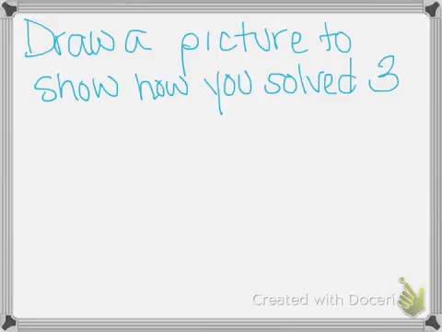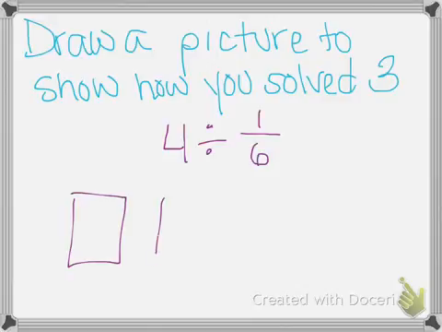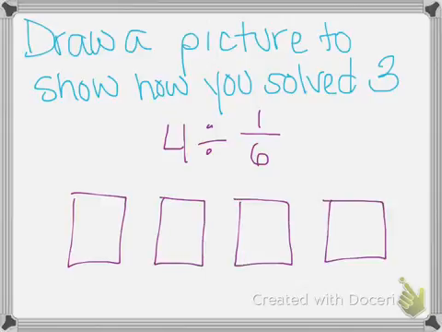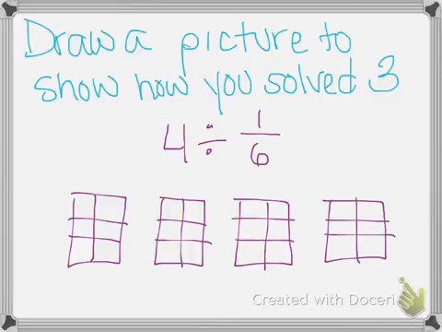Number 5 says draw a picture that shows how you solve problem 3. Problem 3 was 4 divided by 1/6. So I had 4 glue containers, and I divided them each into 6 sections, or 1/6. Now it wants to know how many robots I can build.